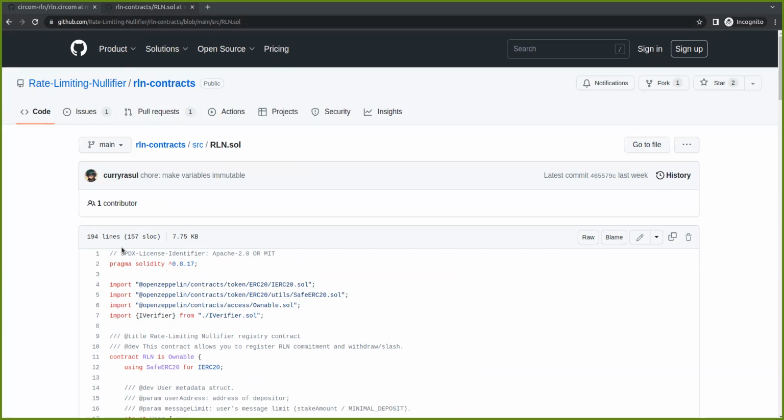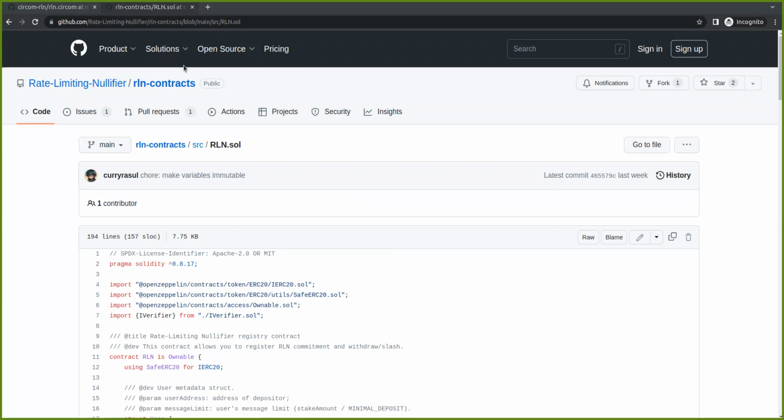You fully need to update all the... It changes the circuit basically in the current implementation. If you change the message limit, you would have a different circuit. No, message limit is a private input.